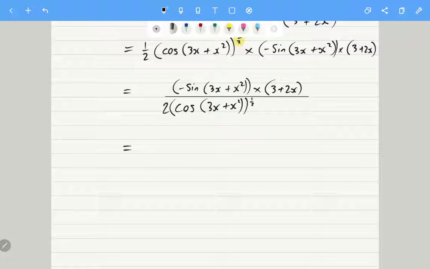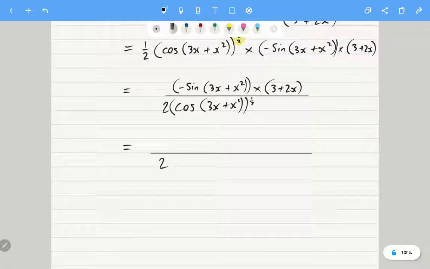Alrighty, we're nearly finished. A bit more cleaning up that we could do, and then we're all done. So the bottom we'll clean up first, because the bottom's quite easy to clean up. I don't like to the power of a half, I'd rather a square root. So 2, and then the square root of cos of 3x plus x squared. Alrighty, the numerator on the other hand, we're going to have to expand them brackets.